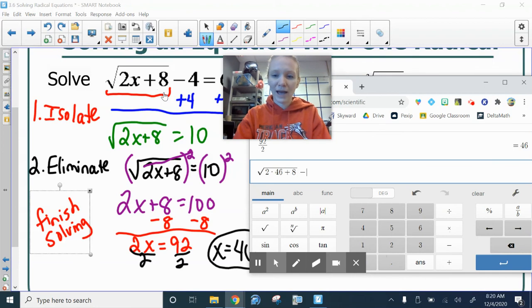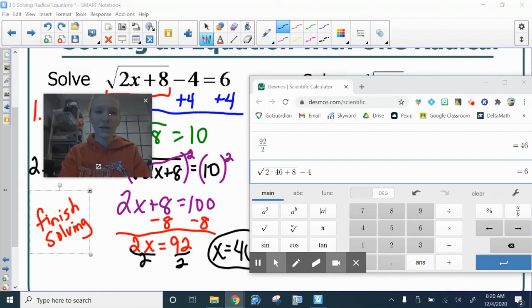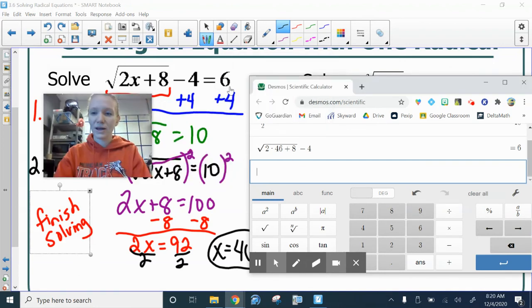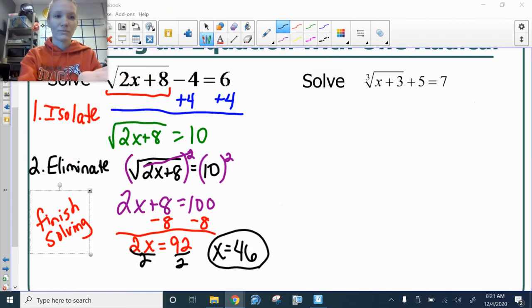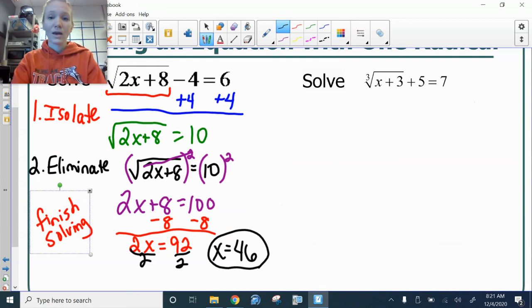And then after the radical, I have a -4. So if I plug that back in, it should equal 6 for our final answer. And sure enough, there it is. We got a 6. So we can see that if we plug it back in, the answers should match.